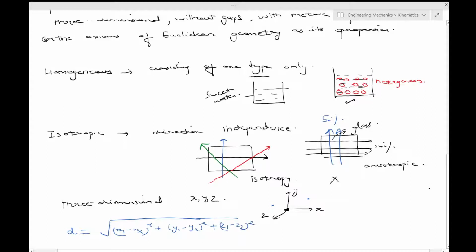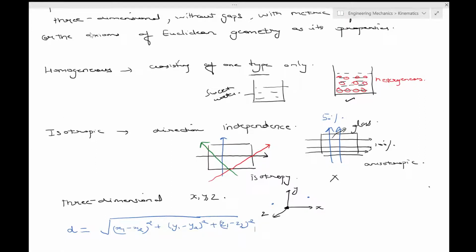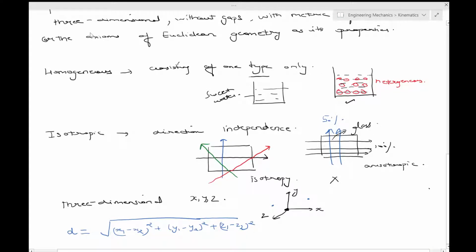This definition of the distance between 2 points comes from Euclidean geometry or the Euclidean metric. It's actually also called the Euclidean distance between 2 points.